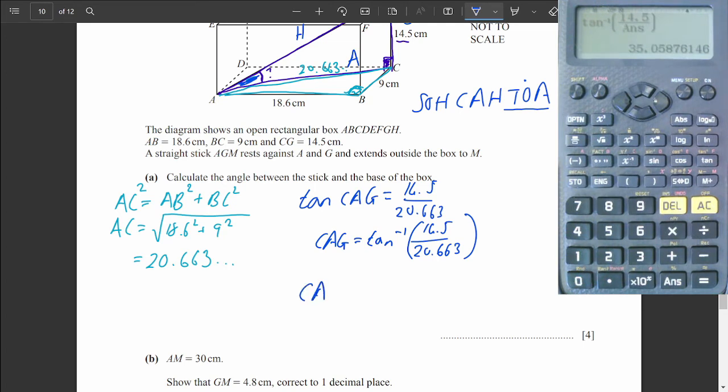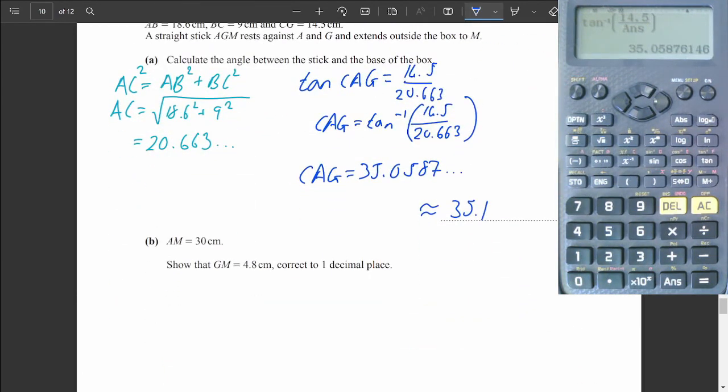Angle CAG equals 35.0587, etc. Rounded to 3 significant figures, so now we can round it to 35.1.